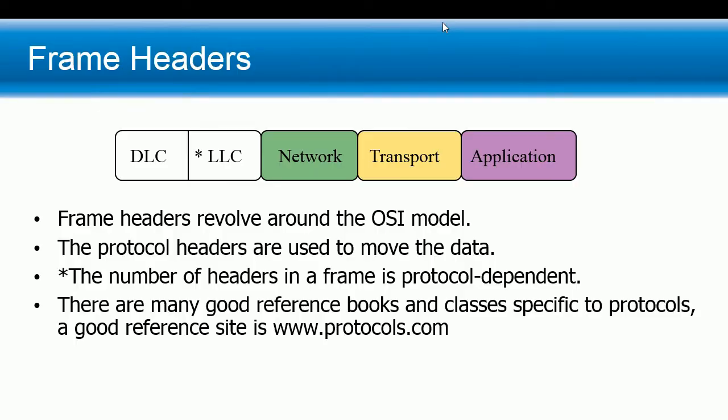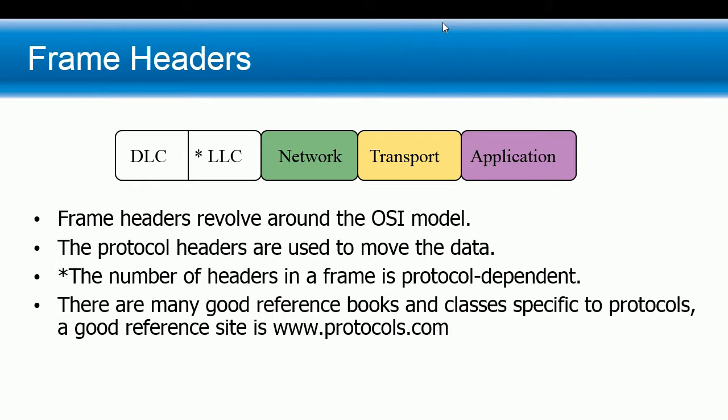So once we have the frame, if you think about decoding the frame now using your favorite analyzer, either Observer or Wireshark, it starts with the DLC header, the Datalink layer, sometimes known as the MAC layer, Media Access Control. So that's our first 14 bytes of the frame.